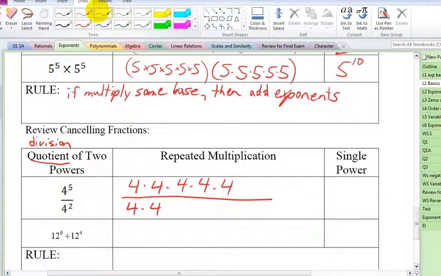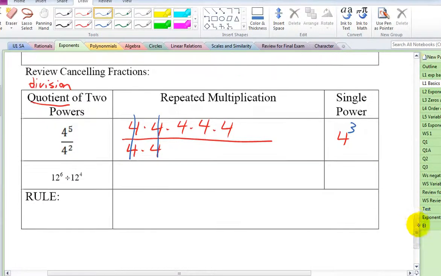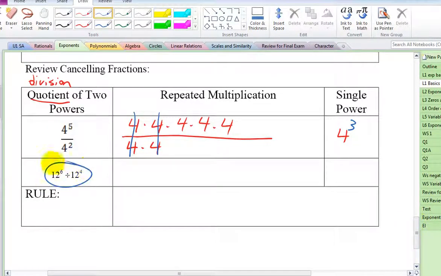What's 4 divided by 4? 1. And 4 divided by 4 again is 1. So they cancel out. So how many are remaining? And that's our exponent, 4 cubed. Now, if they're written in this long way, that's okay. We would rewrite it as a fraction.